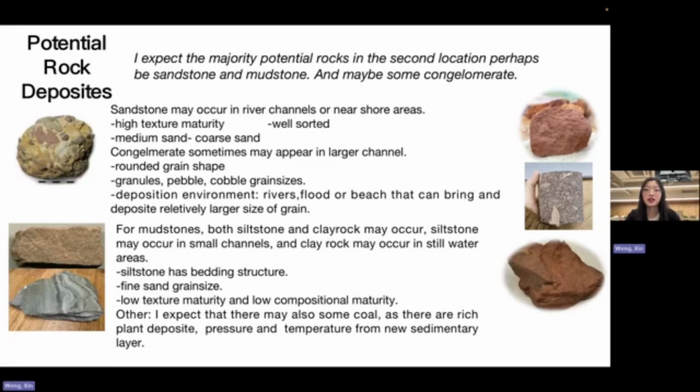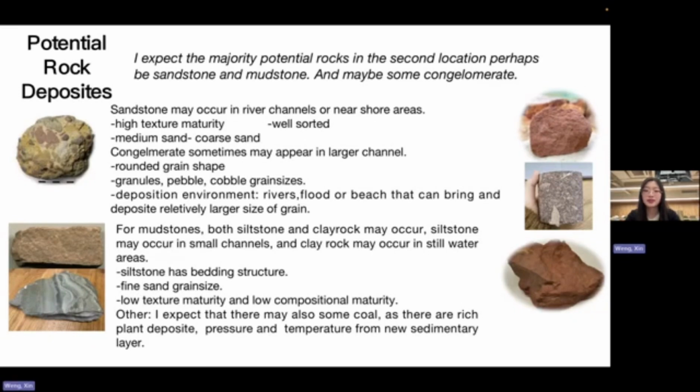Sandstone may occur in river canals or near shore area, which are well sorted, has high texture maturity. Conglomerates may appear in large canals with rounded grain shape, and the grain size includes granule, pebble, and cobble. The deposition environments can be rivers, floods, or beach that can bring and deposit relatively larger size of grain.